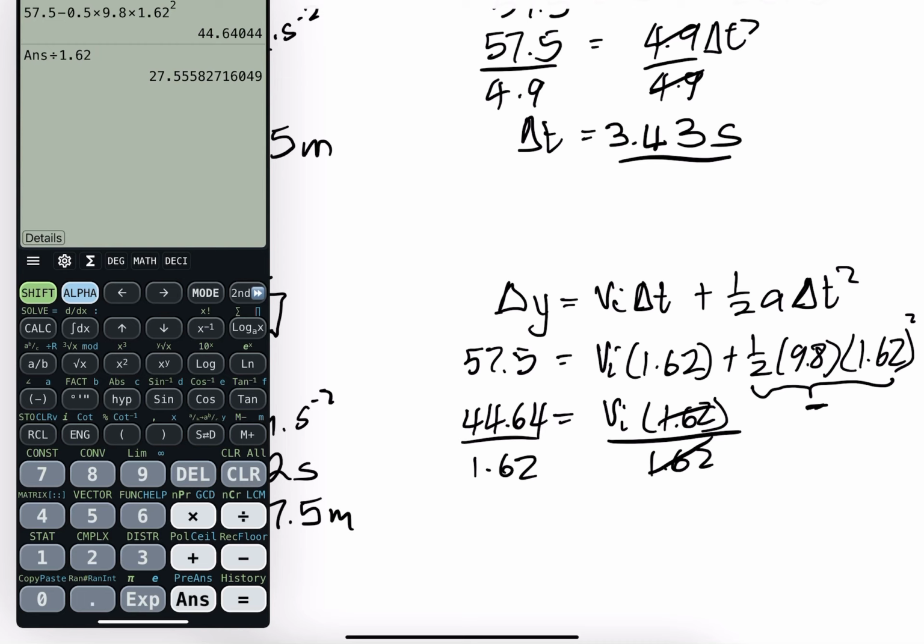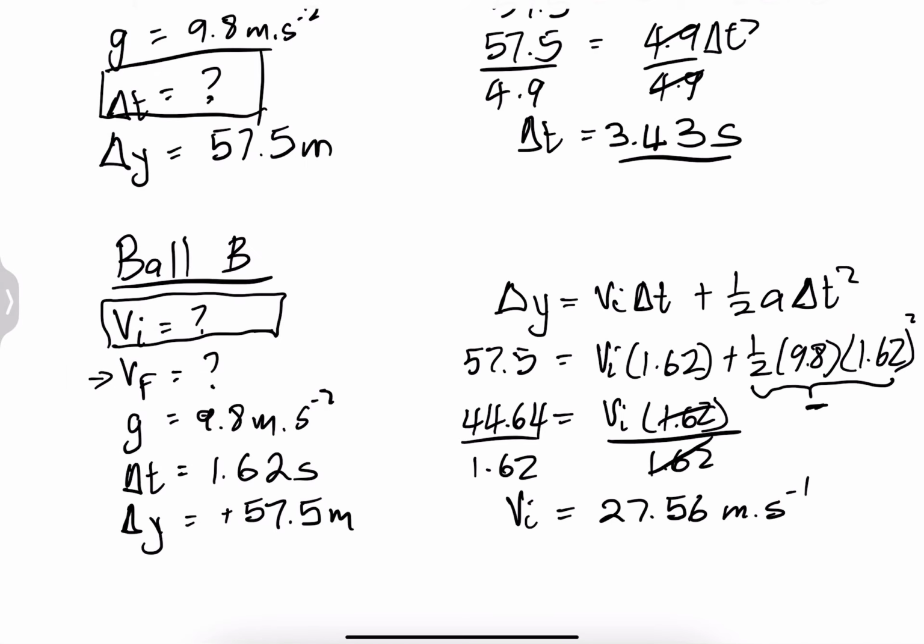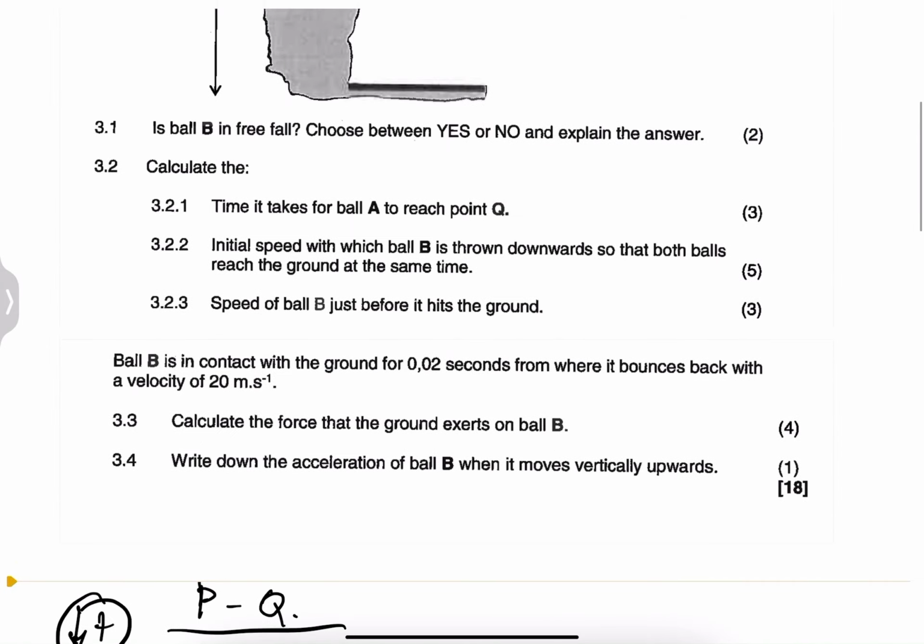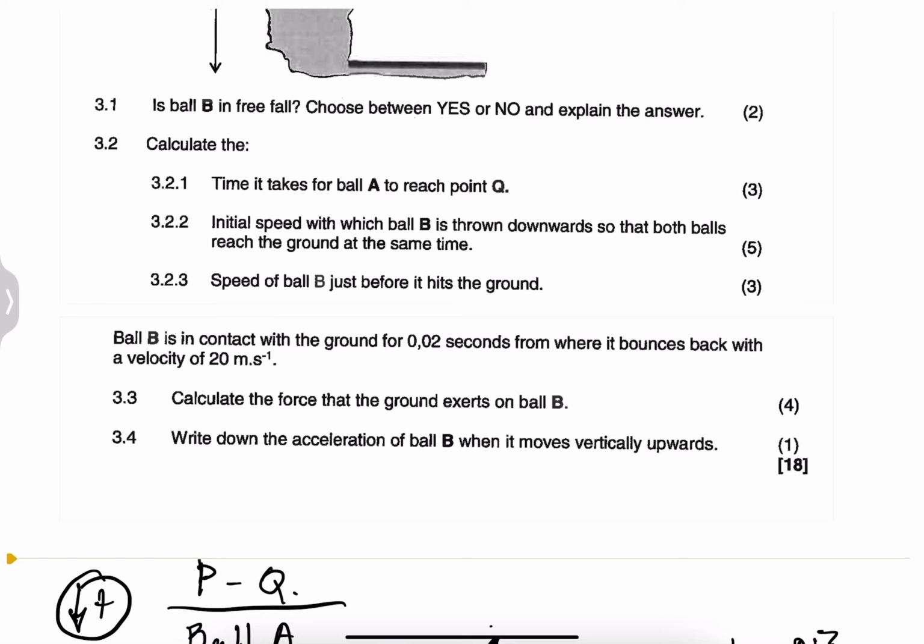Okay, so I get an initial velocity of 27.56 meters per second. And of course, we know this was downwards, right? Let's see, did they say calculate the initial speed? So in this case, direction doesn't really matter.